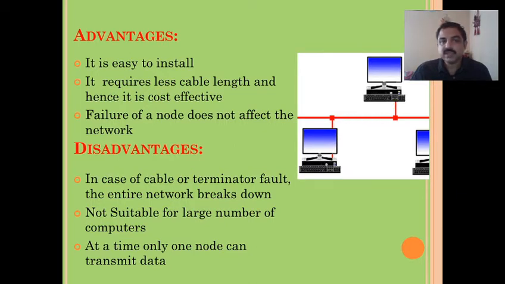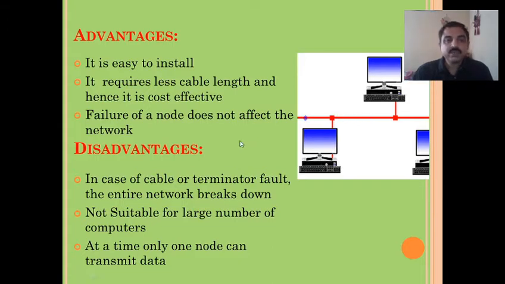You can directly connect one system to the cable, and it requires less cable length because you have a main cable, and everything is connected to that cable itself. Failure of a node does not affect the network. If any one of the nodes is not working, it will not affect the other systems.